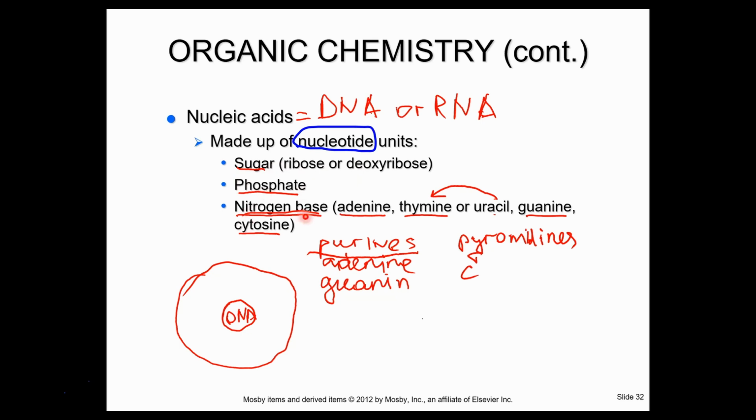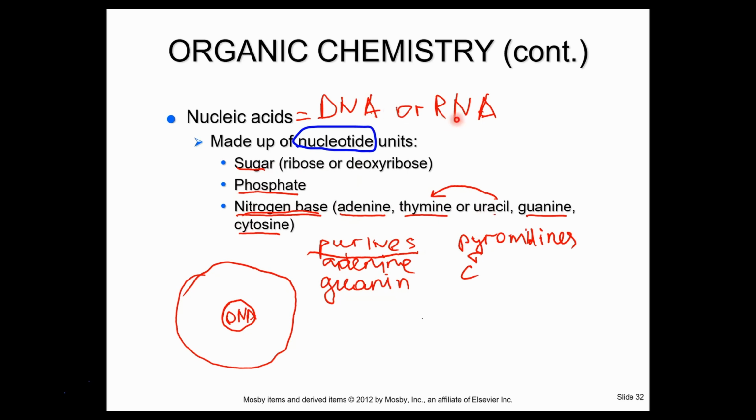And the nitrogen base just slightly changes. In the DNA, you have 4 of them: cytosine, guanine, adenine, and thymine. And the thymine is replaced with the uracil in the RNA.